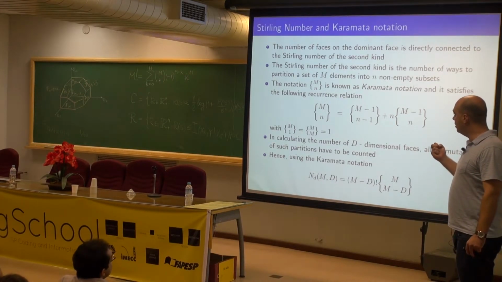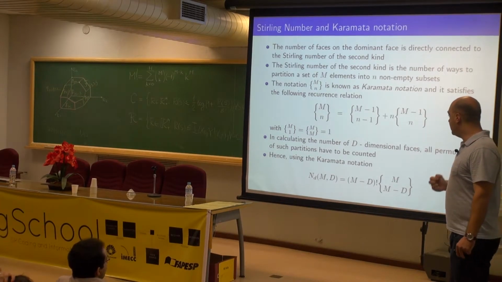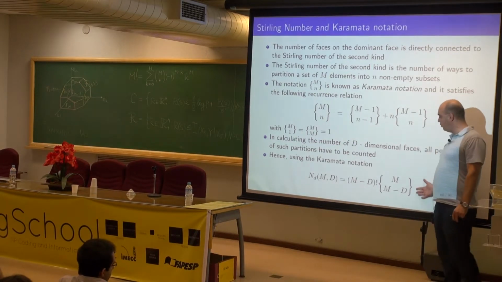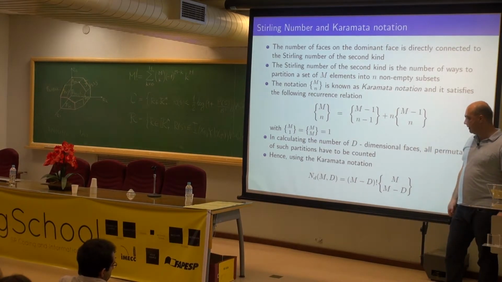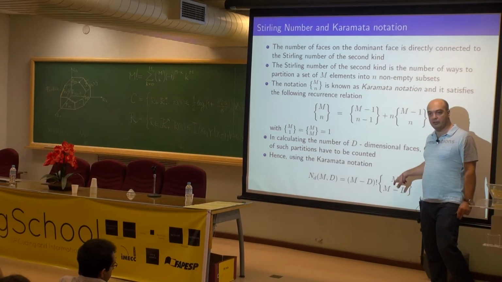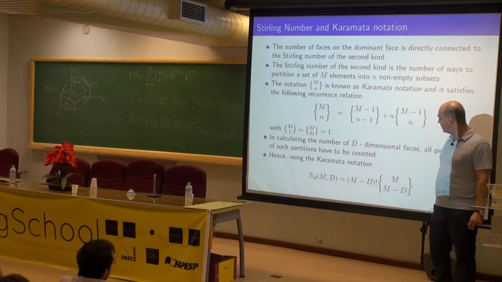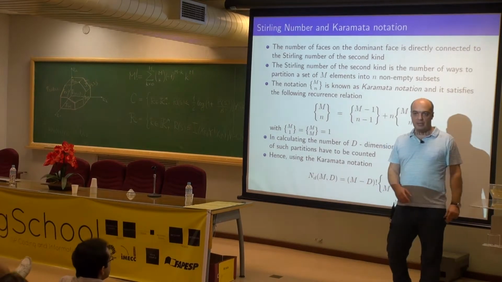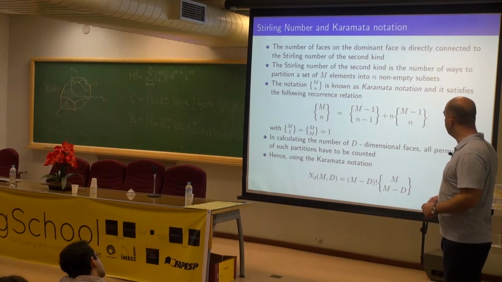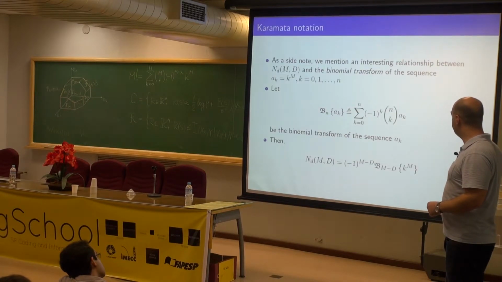How many n partitions are in there? Then our results can be written in the following form. We have m minus d partitions on the set n, the number of these partitions, multiplied by the m minus d factorial. This is the Karamata notation.